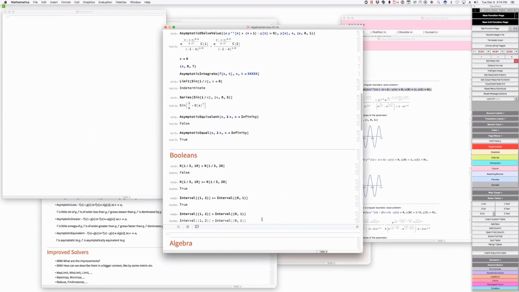Okay. But so my question is, are there cases like the case of this interval here where the answer to asymptotic less is not well defined? Only if we have the imprecise functions. So it's if we have asymptotic approximations to functions rather than functions. If they are fixed functions, then no.